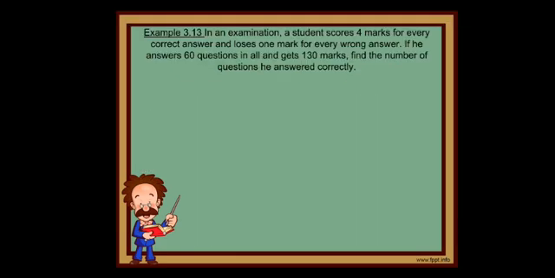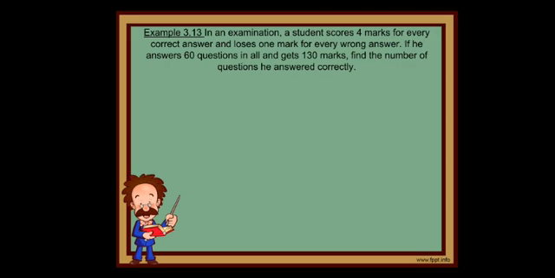Now example 3.13. In an examination, a student scores 4 marks for every correct answer and loses 1 mark for every wrong answer. If he answers 60 questions in all and gets 130 marks, find the number of questions he answered correctly.